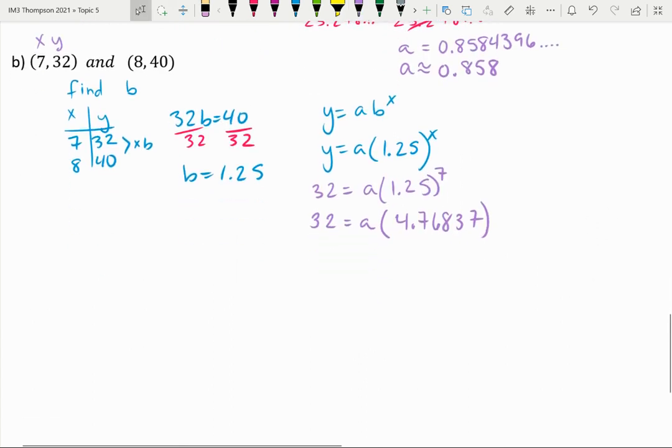And then I'm going to divide both sides by that. Now, please use the exact numbers in your calculator. Try not to round too much, because your answers will become off.